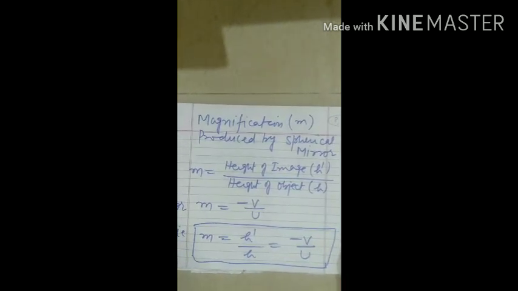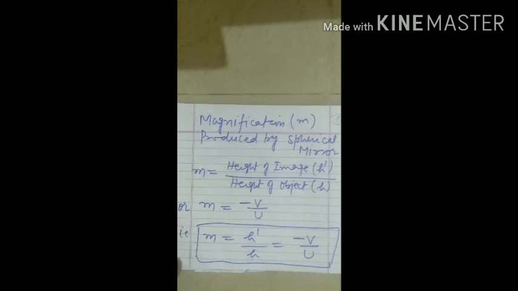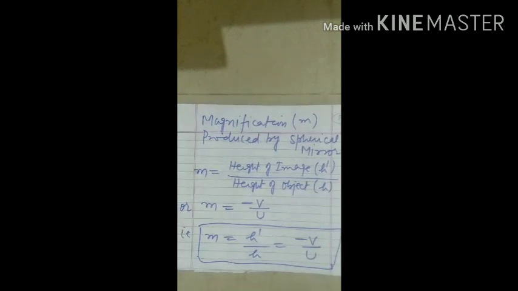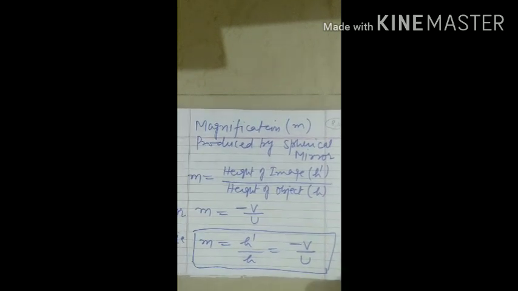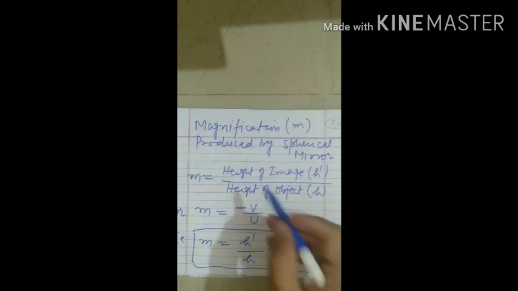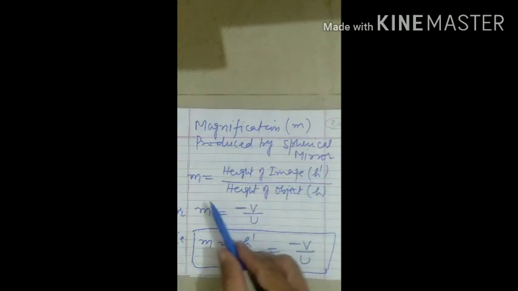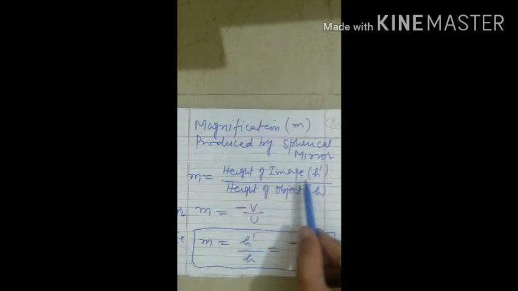Magnification, you children already know from when we were talking about the size of the image. Sometimes the size of the image was enlarged, sometimes smaller. This is all because of the magnification. Magnification means how much it is magnified, reduced by some factor or increased by some factor. So magnification produced by a spherical mirror is given by height of image divided by height of object.